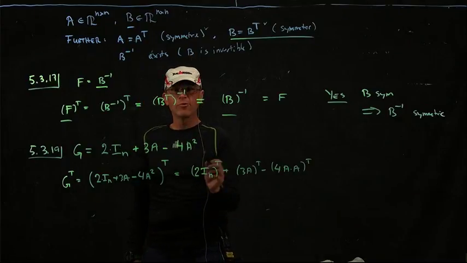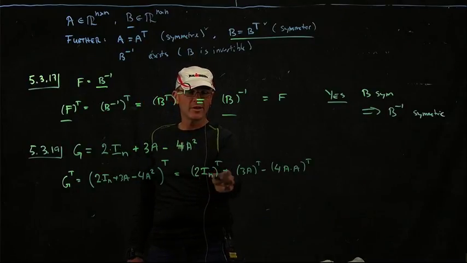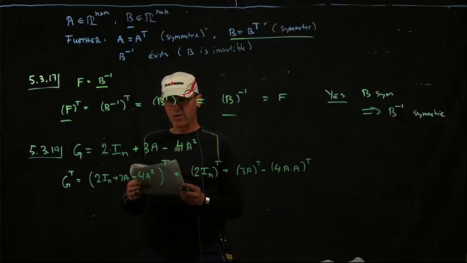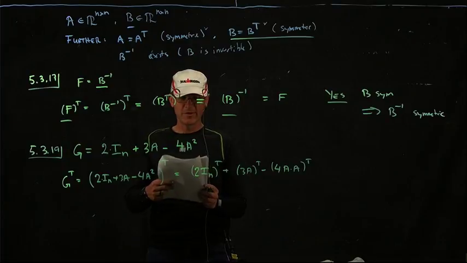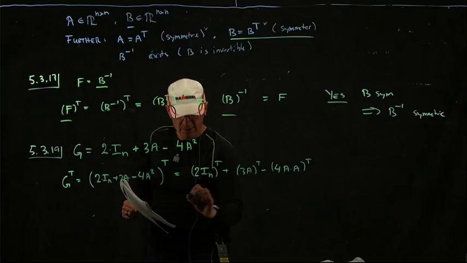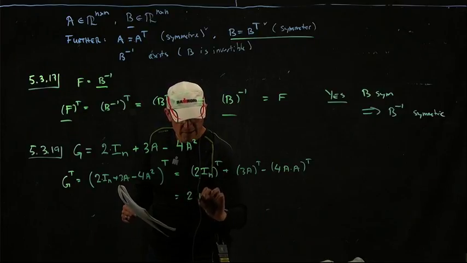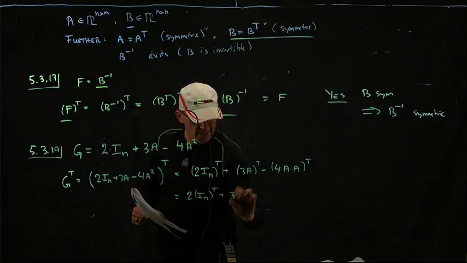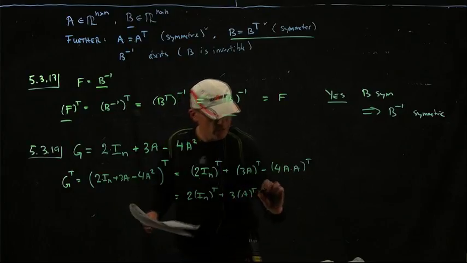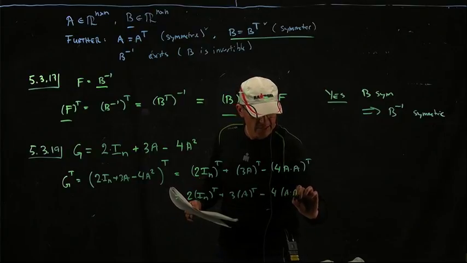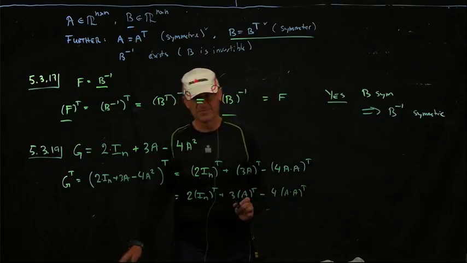Then we know that we can multiply by a constant and just pull it out. That doesn't change the symmetry properties. That's from part 13. So we can write this as 2 times identity transpose plus 3 times A transpose minus 4 A times A transpose.